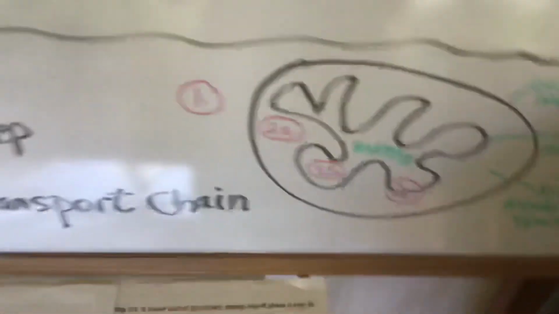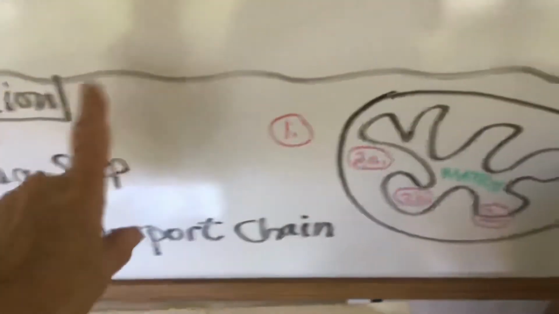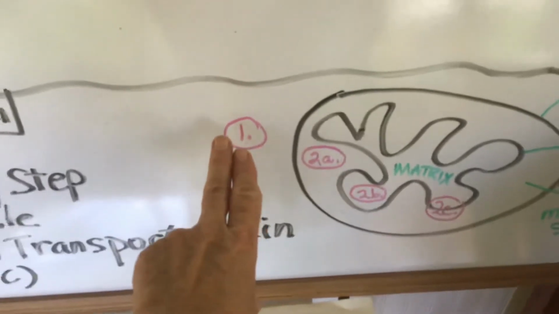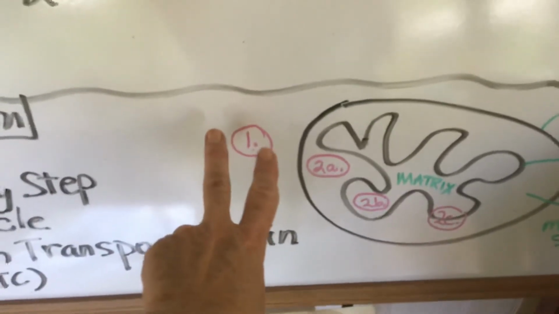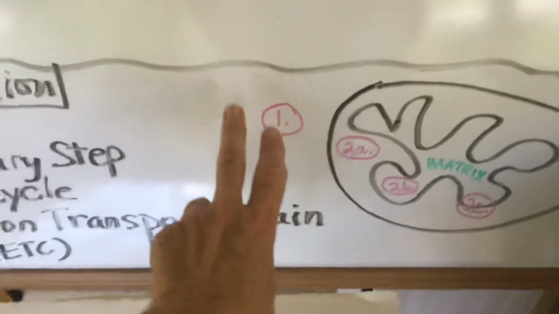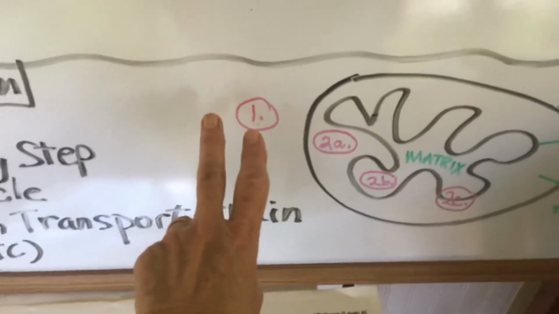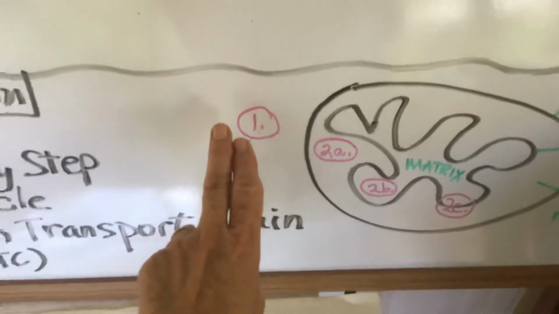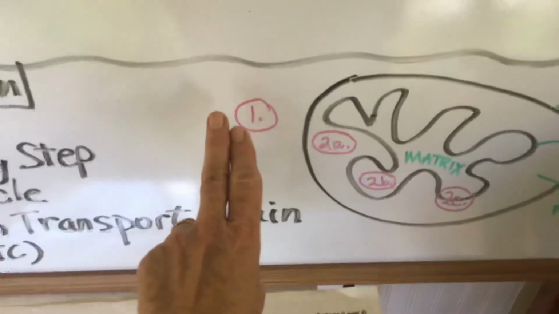All right, so where is this stuff happening? Glycolysis is number 1. It is happening in the cytoplasm. This part of the process does not require oxygen, so this is a non-oxidative part of the process, or non-aerobic, or anaerobic is the other term.